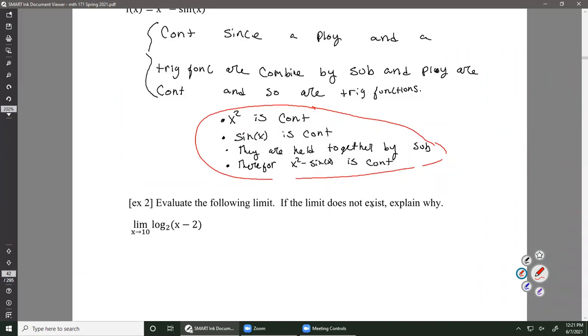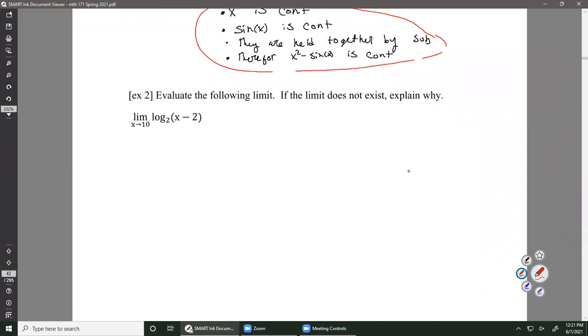All right, example number 2. Evaluate the following limit. If the limit does not exist, explain why. So we said if our function is continuous, we can just plug in our number. On its domain, is a logarithm continuous?